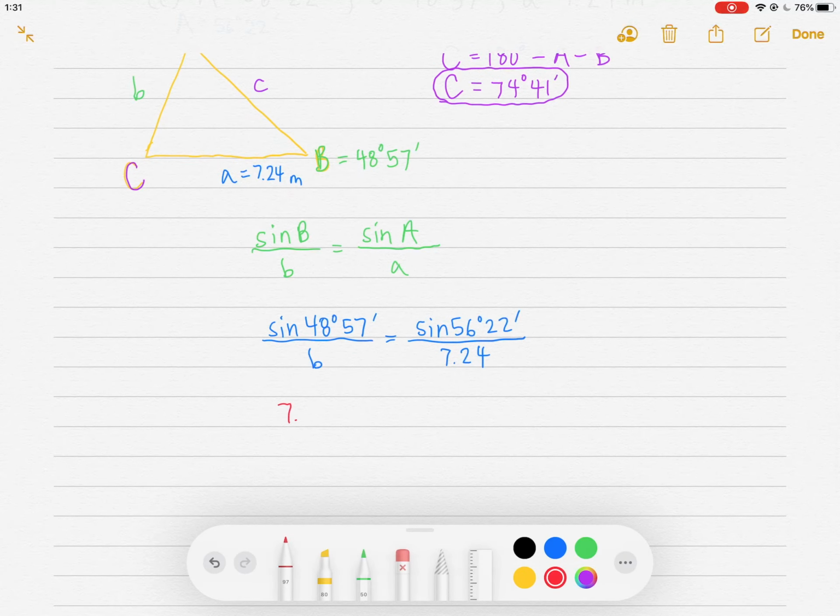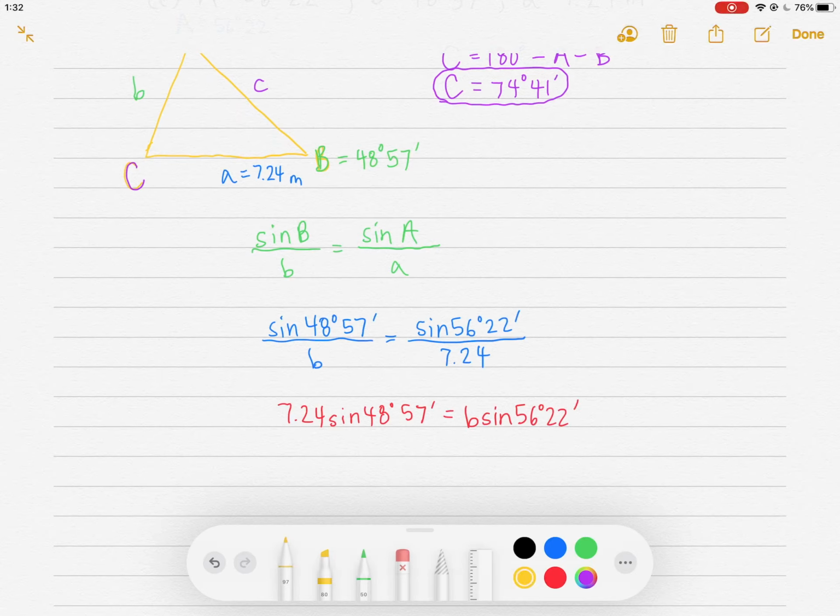So 7.24 sine of 48 degrees, 57 minutes is equal to b times sine of 56 degrees, 22 minutes.